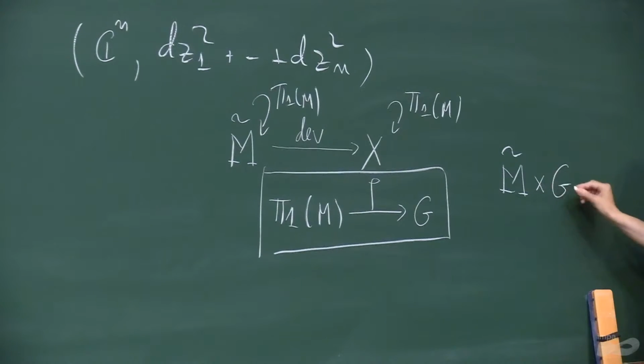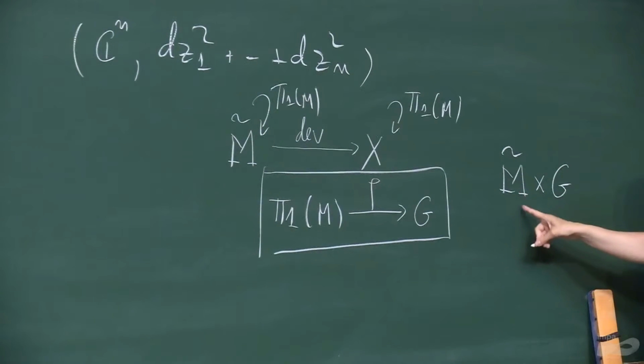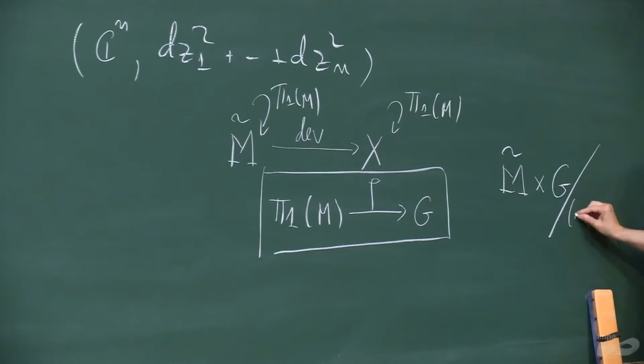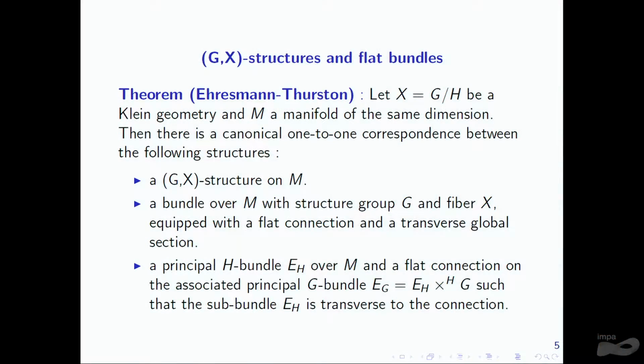So on the universal cover it is M tilde times G. And then you take some suspension here. So you identify two elements (m, g) when the fundamental group acts on the universal cover as deck transformations and on G through the monodromy morphism. So in fact, those morphisms give G-flat bundles. So this will be the G-flat bundle in definition 2.